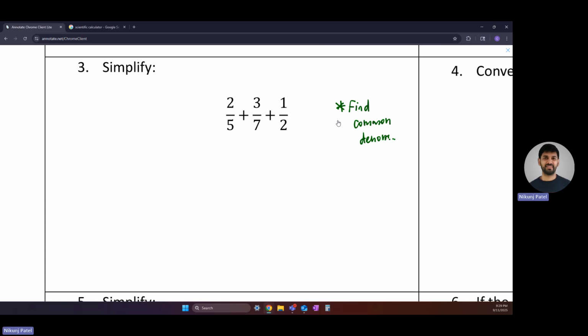So if I think about possible values, we might start by trying to multiply a couple of the numbers and seeing where we get with that. So we might try multiplying 5 times 7 or 7 times 2 or 5 times 2 to see where we get with those.